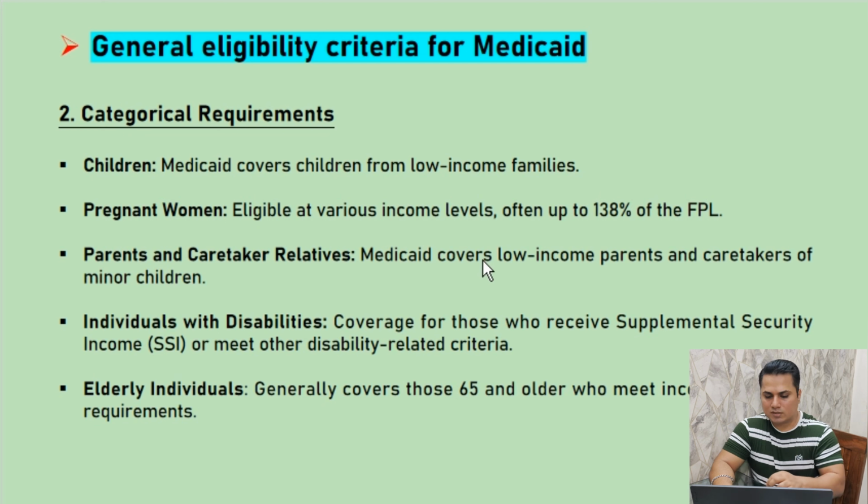Individuals with disabilities. Coverage for those who receive supplemental security income, which is called SSI, or meet other disability related criteria. Elderly individuals. Generally covers those 65 and older who meet income and asset requirements.